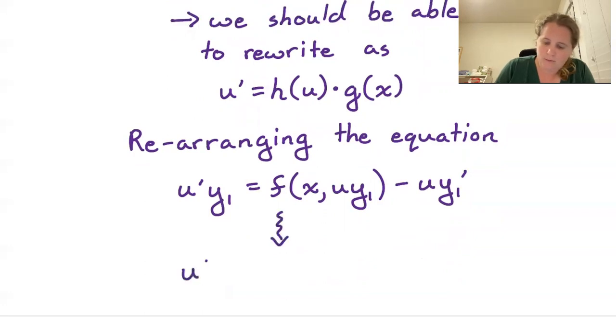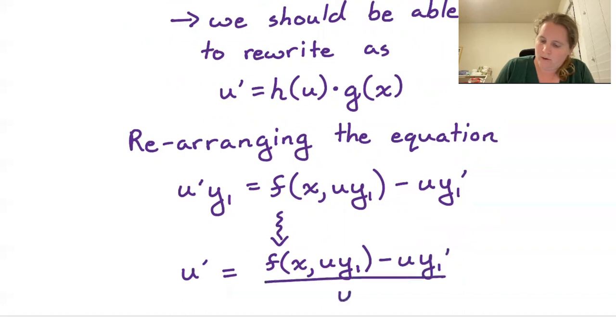So we'd get u prime is equal to f of x comma u times y1 minus u times y1 prime all over y1.